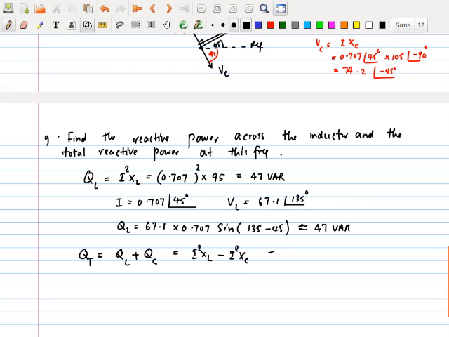Now you got some value, or you could have said the total reactance is what? You can find the total reactance. Total reactance is j times 95 minus j times 105. That would have given you minus j times 10. Then immediately you can find QT is equal to I squared times 10, and that turns out to be minus.